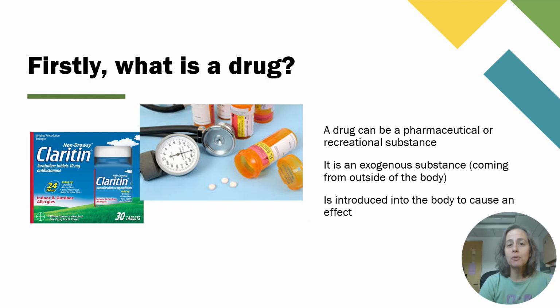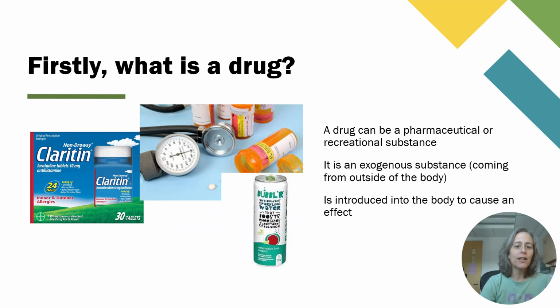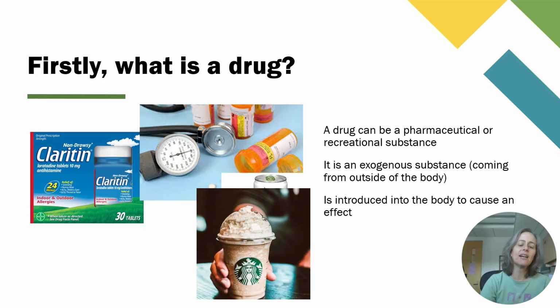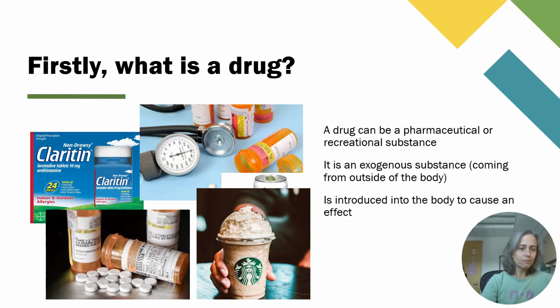Or the prescription blood pressure medicine that my dad takes, or it could be the caffeine in your beverage of choice. Caffeine is a drug. What all these things have in common is it's an exogenous substance. Exogenous means coming from outside of the body, that is then introduced inside of the body to have some sort of an effect. It's going to change your physiology in some way.